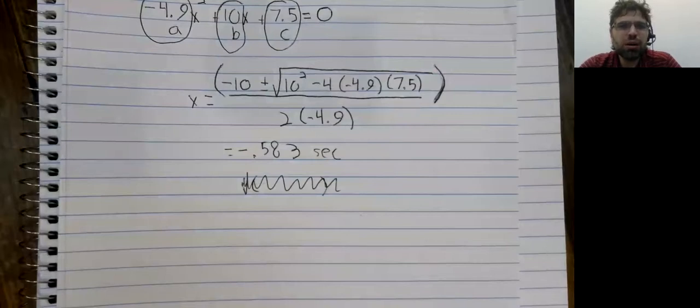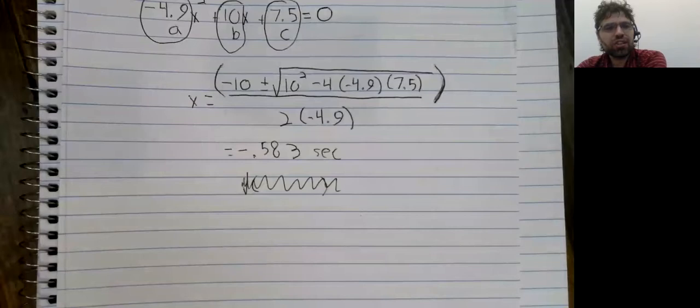But first, let's get the other solution. We're going to get the other solution with less hassle than we got the first solution, thanks to the entry command.